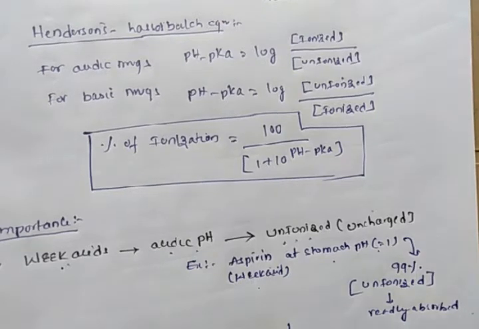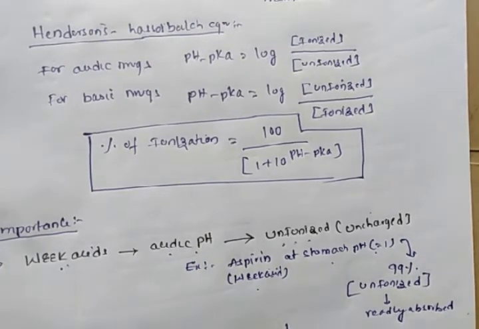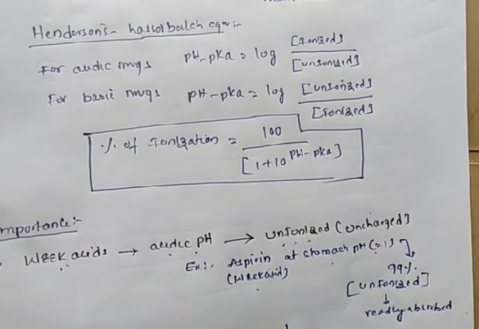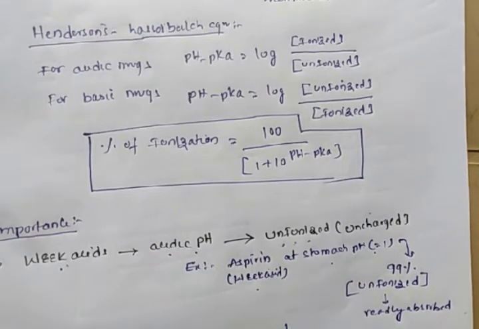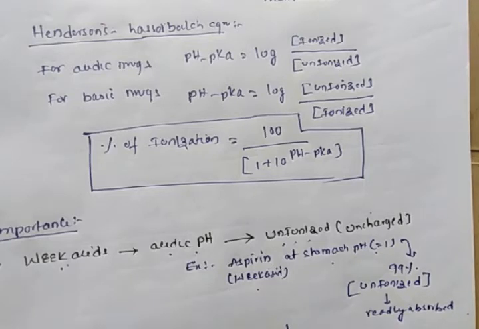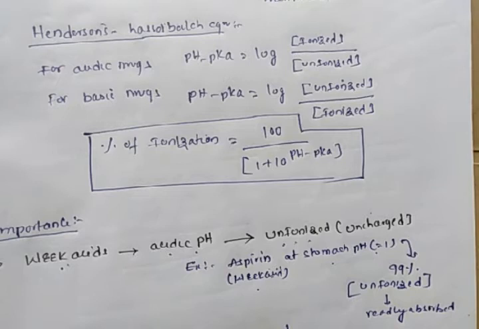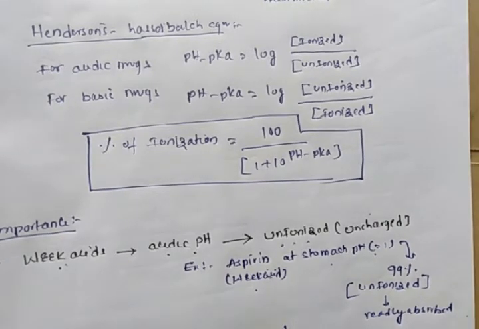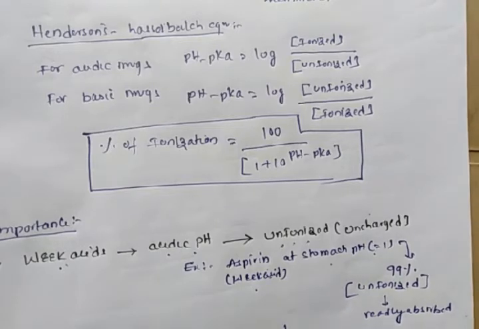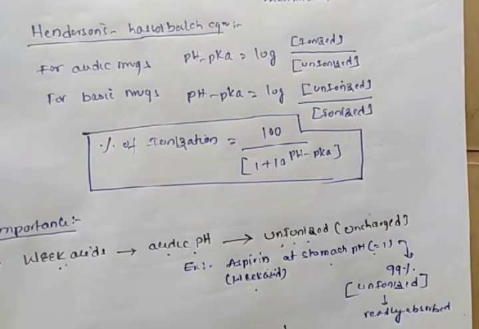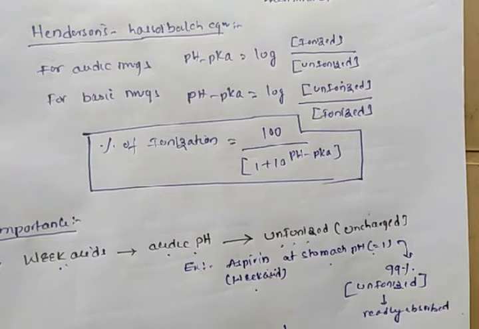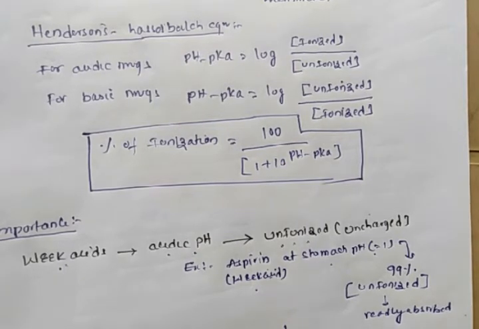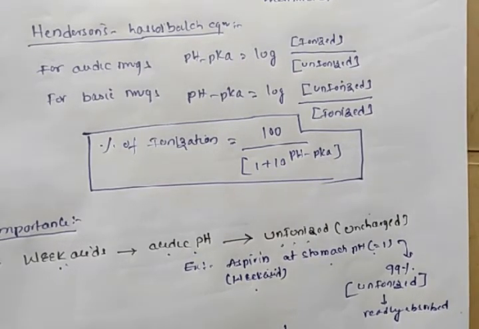So the example is phenytoin injection. Before injecting into persons, this phenytoin is adjusted to a basic pH of 12 with NaOH.